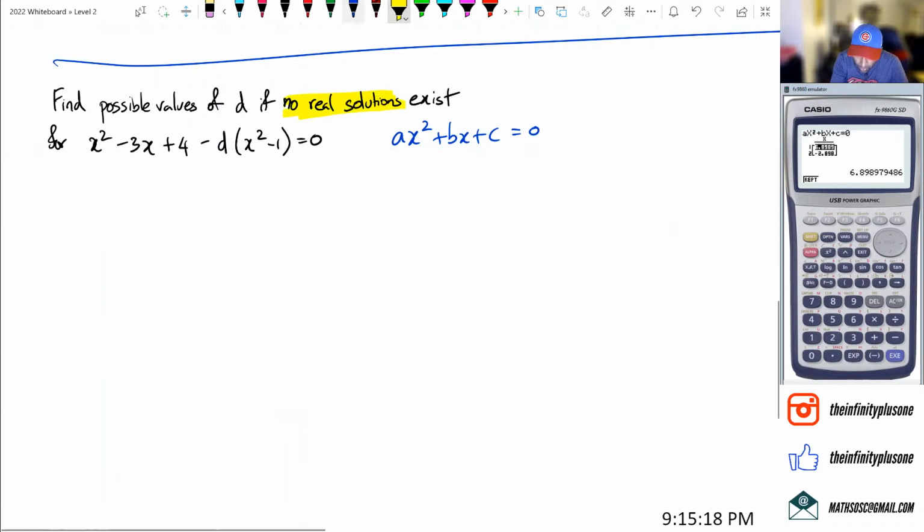And if there are no real solutions, then your b squared minus 4ac has to be less than 0. Yeah, no worries, Ollie Spin. I'm going to give you guys a couple of minutes just to see how far you can get with this question, and then I'll go through the answers, yeah?